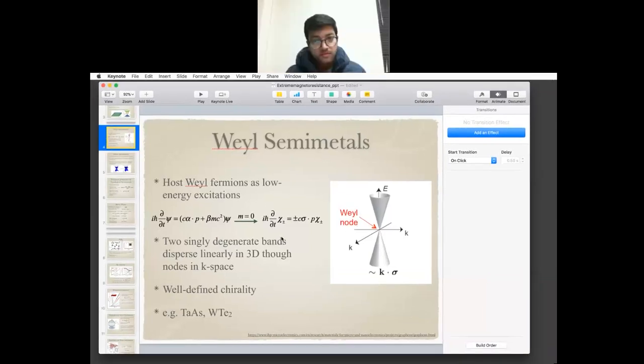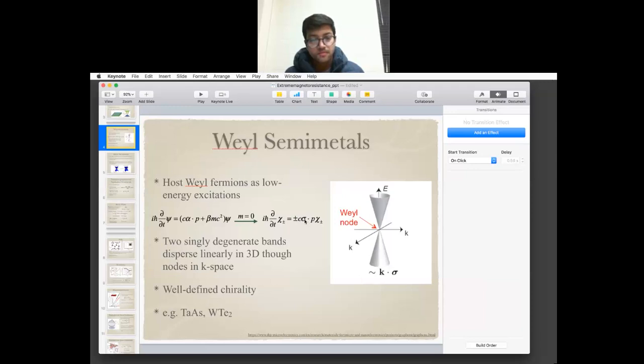Yeah, so basically these dispersion graphs follow this Weyl Hamiltonian here. And you can see from the Hamiltonian you have this sigma dot p, which is basically your spinor dotted with your momentum.